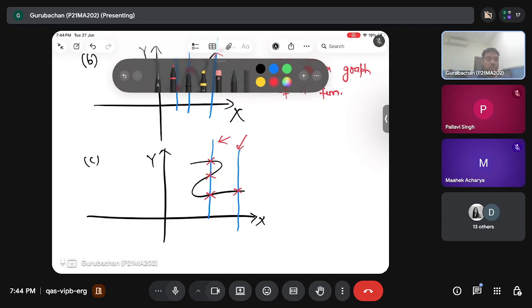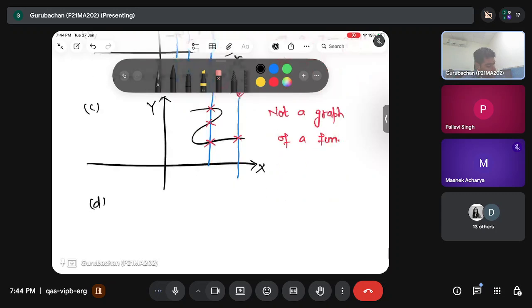So you got one counterexample. If something has to hold, then it should hold for all. If it is not holding for all, then you cannot guarantee. So here you have one vertical line cutting at 3 points. That means this is not a graph of a function. Understood?